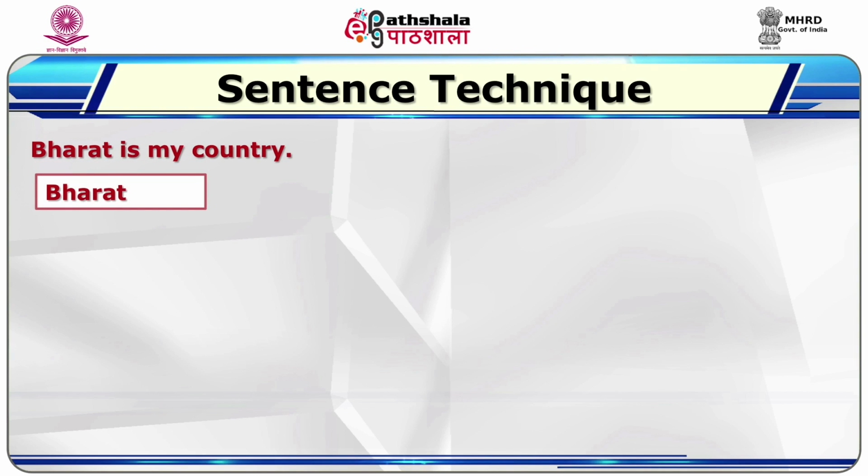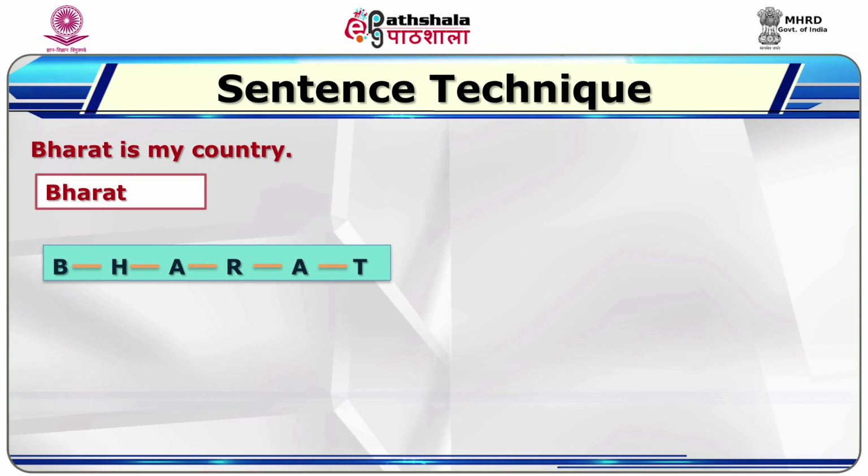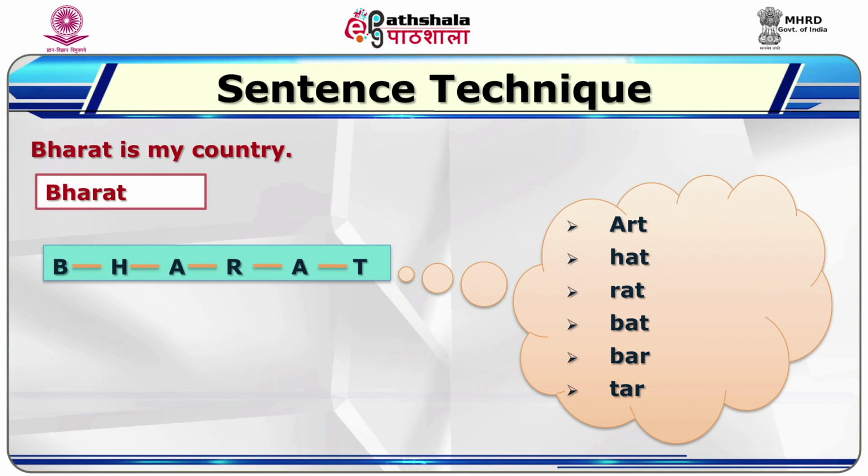Having selected that, the teacher separates the alphabets in that word, B, H, R, A and T. Once the alphabets are separated, the teacher asks the learners to coin new words with this word. So the learners may coin words like R-A-T, rat, T-A-R, tar, A-R-T, art, A-T, at, and such other words.